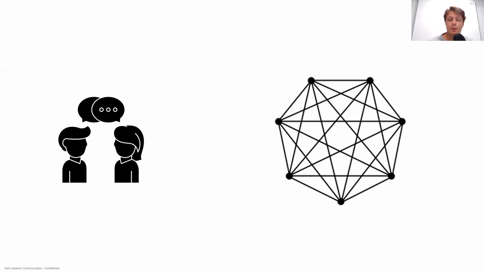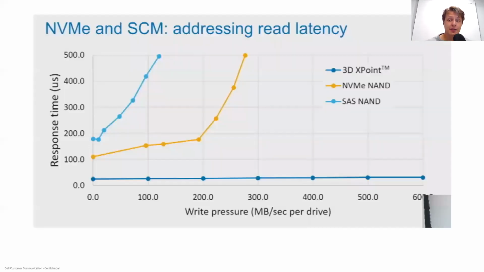So keeping that in mind, if you look at this chart and now just completely disregard the 3D XPoint for now, because we're just going to ignore that, because that can be a whole other talk. But look at the NVMe versus the SAS.